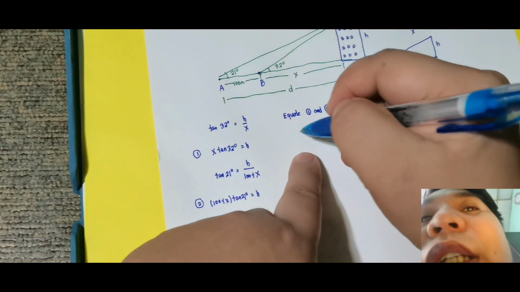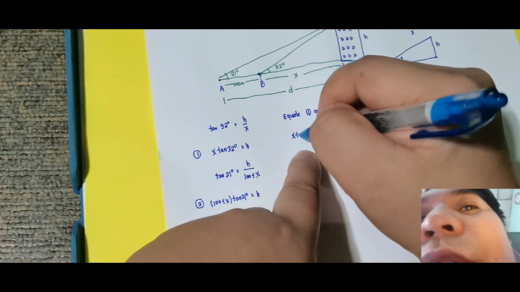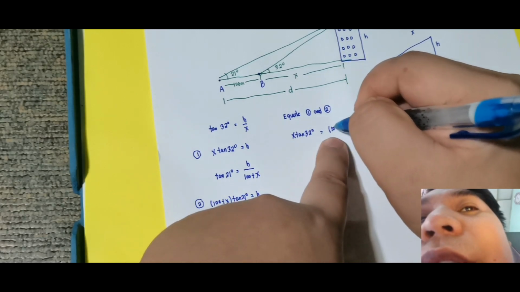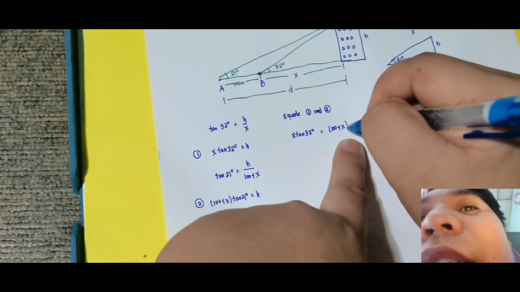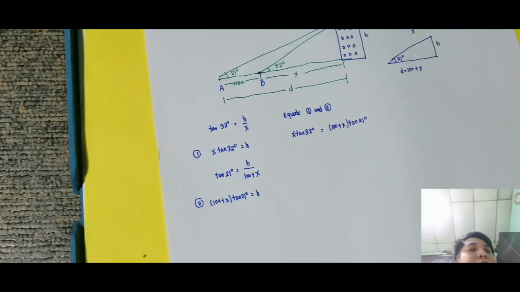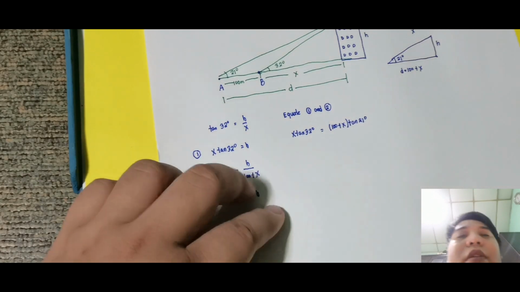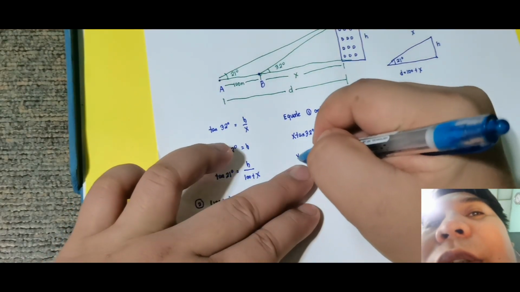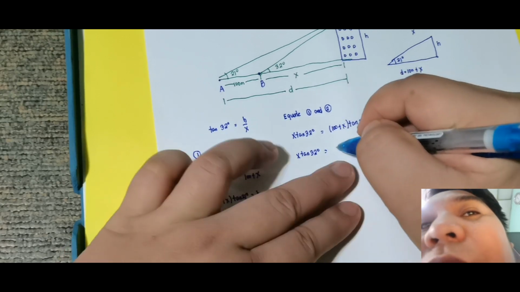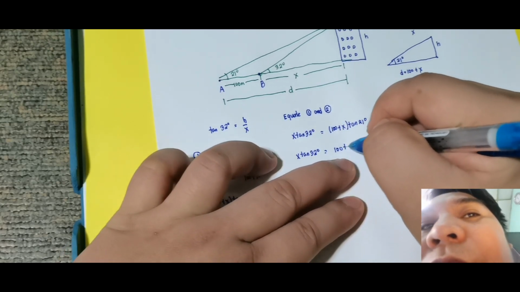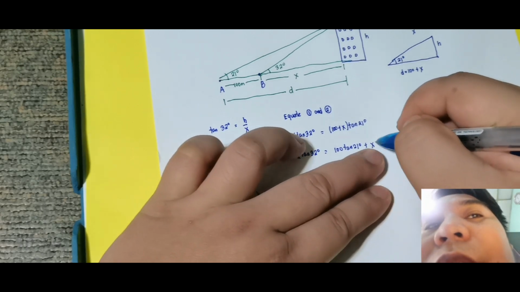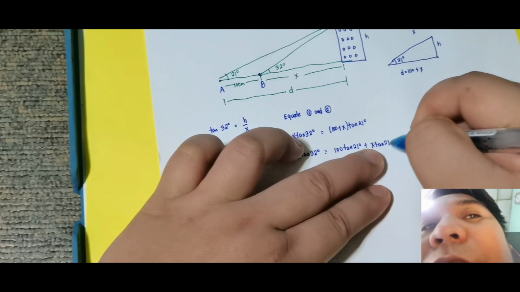So una, this is x tangent 32 degrees is equal to 100 plus x tangent 21 degrees. Okay, then siyempre distribute natin to. This is x tangent 32 degrees is equal to 100 tangent 21 degrees plus x tangent 21 degrees.